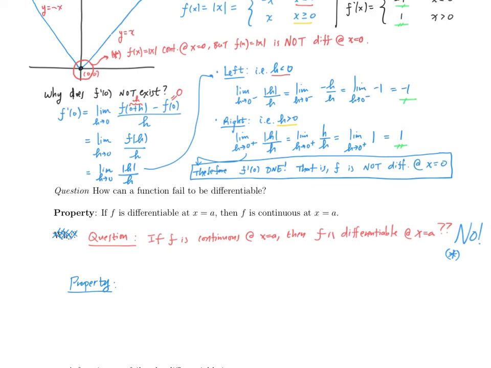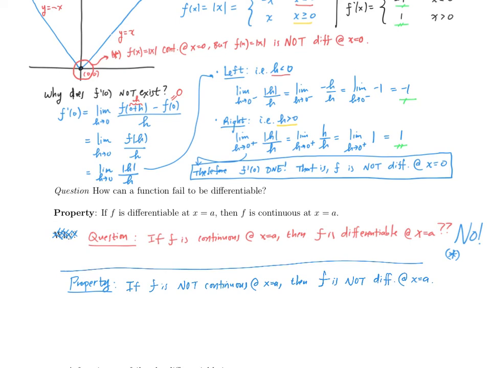So a property that we can use is: if f is not continuous at x equals a, then f fails to be differentiable at x equals a. And this will be a property that we can make use of.